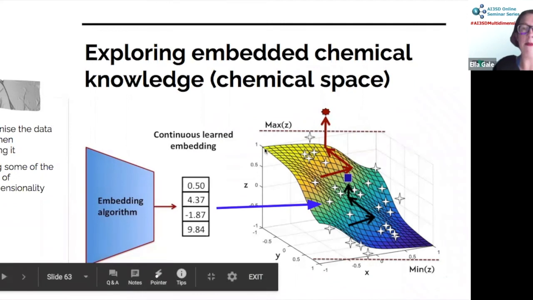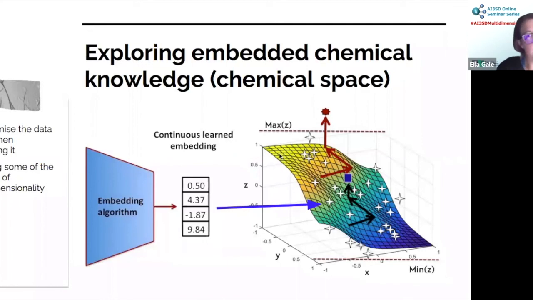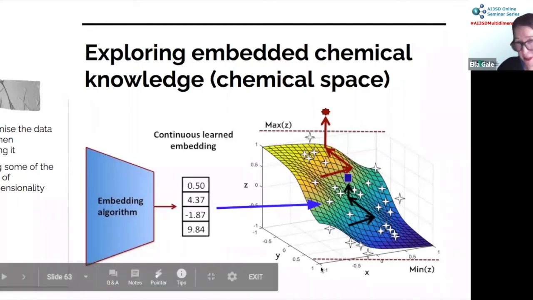Firstly, they're embedded in what's called a manifold, a lower dimensional manifold. What that means is it's a space that's smaller than the space you're in. So in 3 dimensions, a smaller sort of space would be a 2-dimensional space.